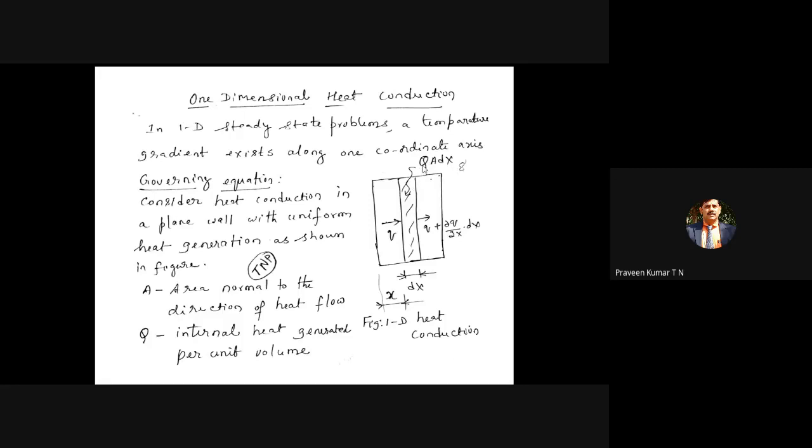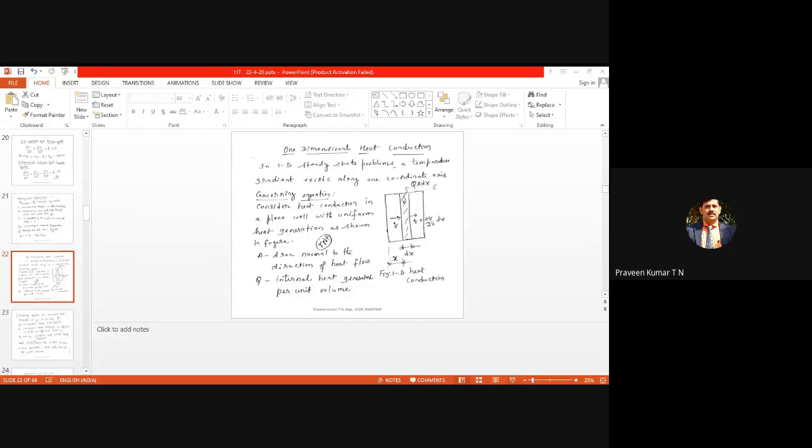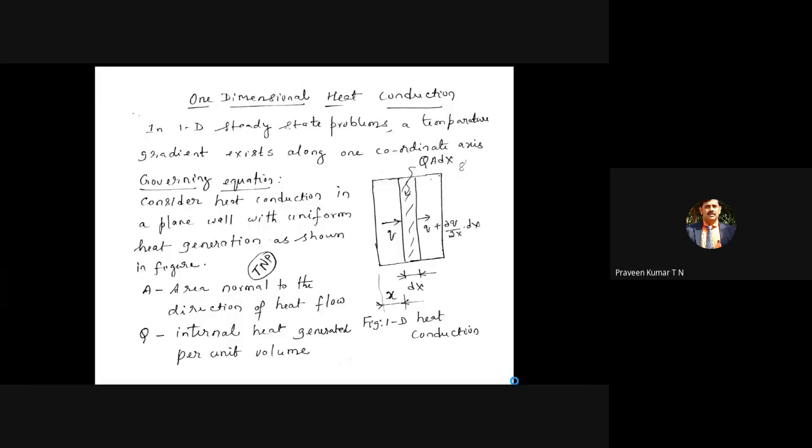So Q refers to internal heat generation, that is watt per meter cube. That's why you are multiplying; the unit of Q is watt per meter cube into area into dx.